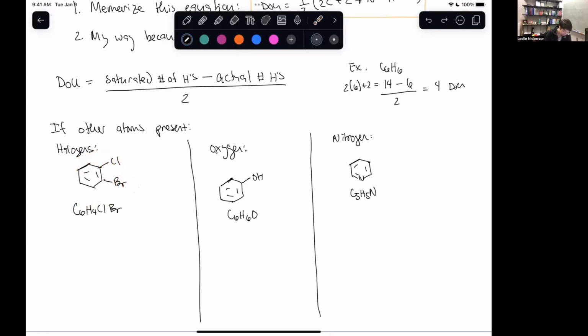So that's really what we're doing here, is we're just doing whatever modification needs to occur to make it match benzene. Okay, or whatever structure that you have drawn that looks similar to something that you can identify the degree of unsaturation with.